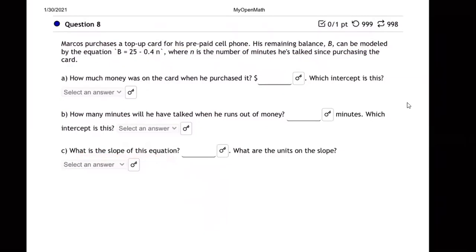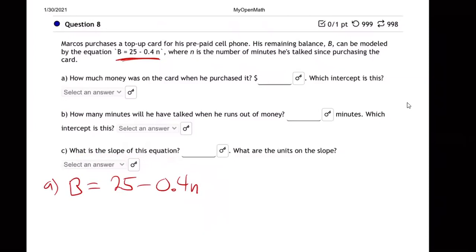Okay, well, let's grab this equation and bring it on down here. Part A. So B equals 25 minus 0.4n. Now it's important that we're clear what B and n are on this problem.